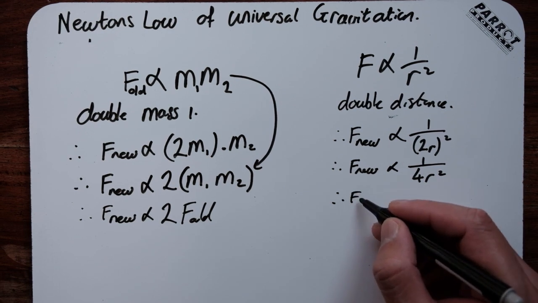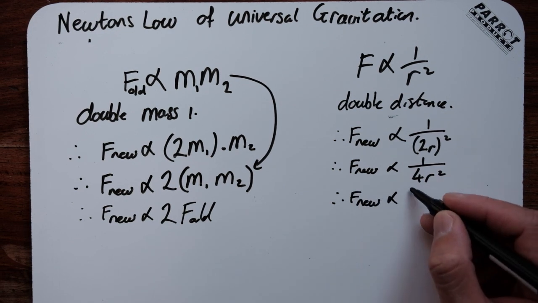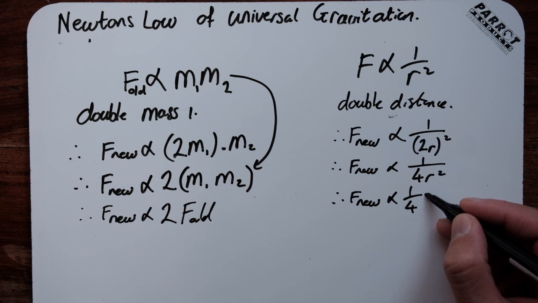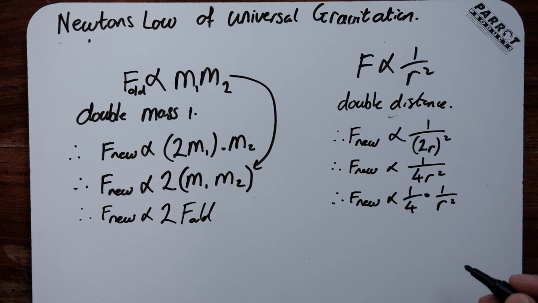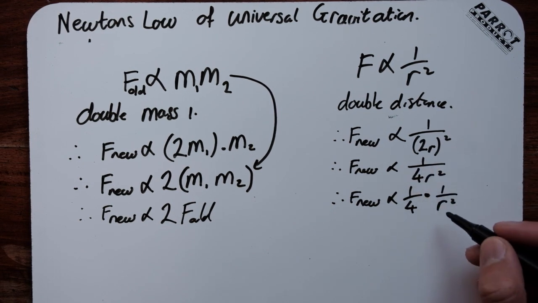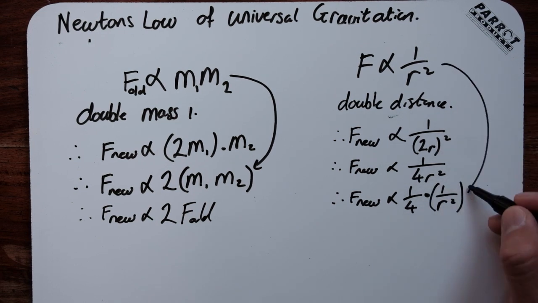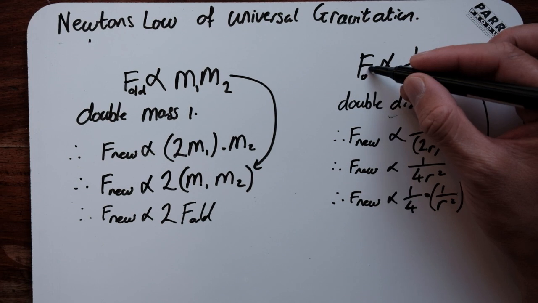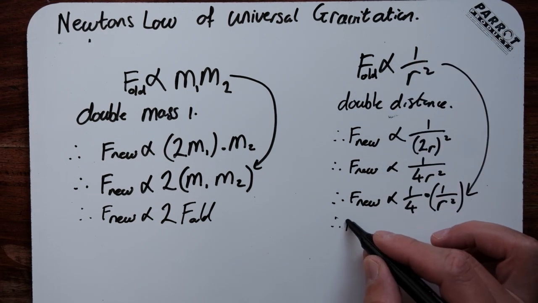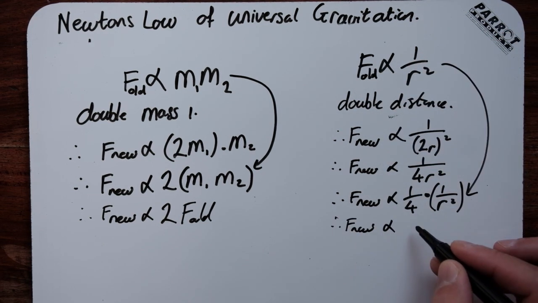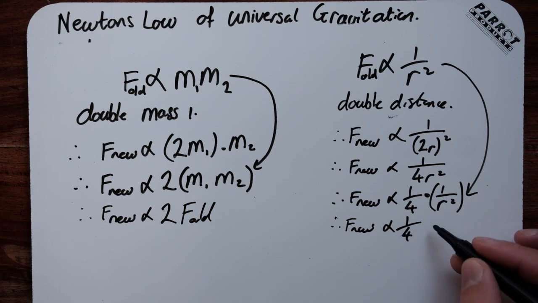Now, the new force essentially is going to look like this, because we could separate these two. Again, we've got 1 over r squared, which is our old force. So the new force is proportional to 1/4 of the old force.